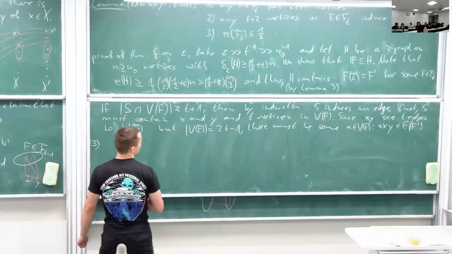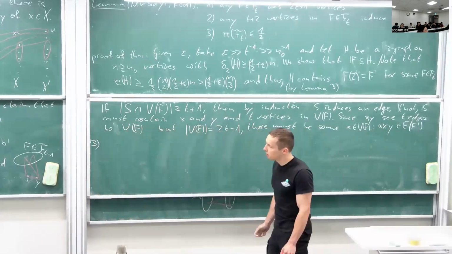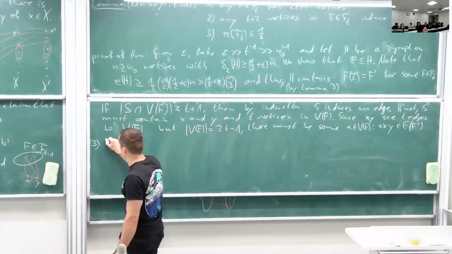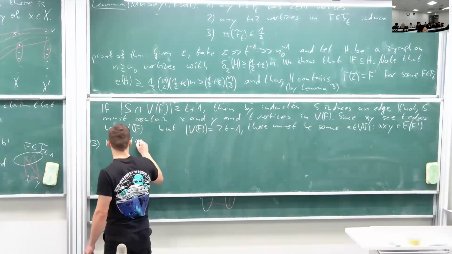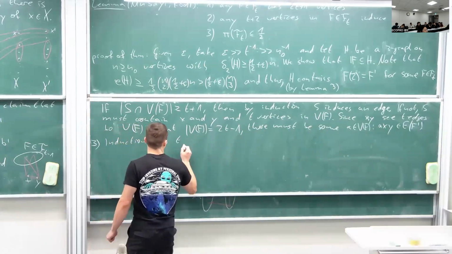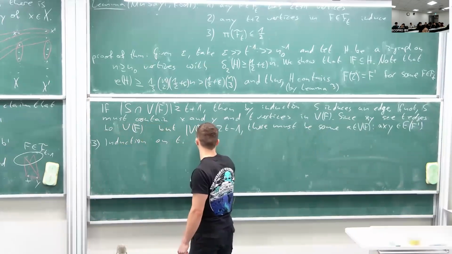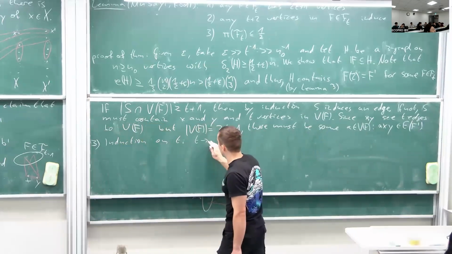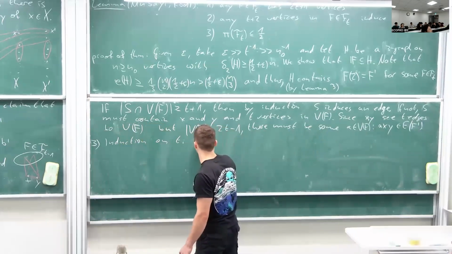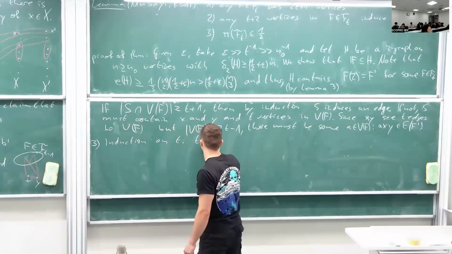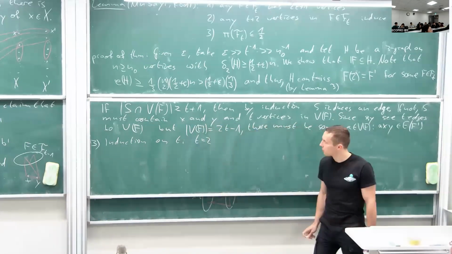And now the most interesting part is part 3. So again, we do induction on T. And yeah, so let's here maybe say what we do in the base case.